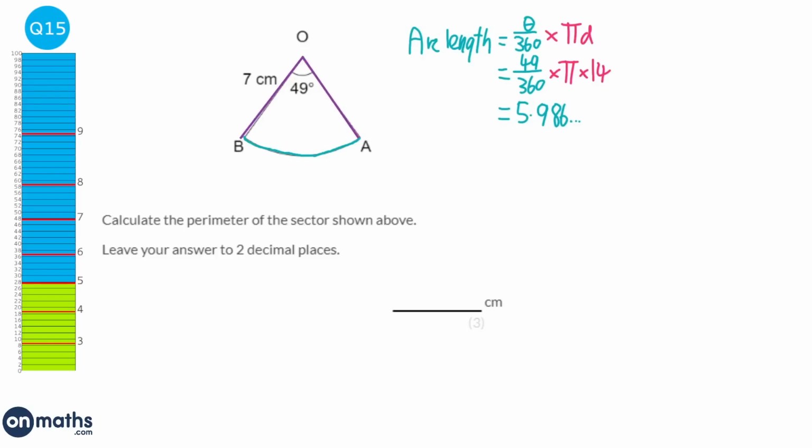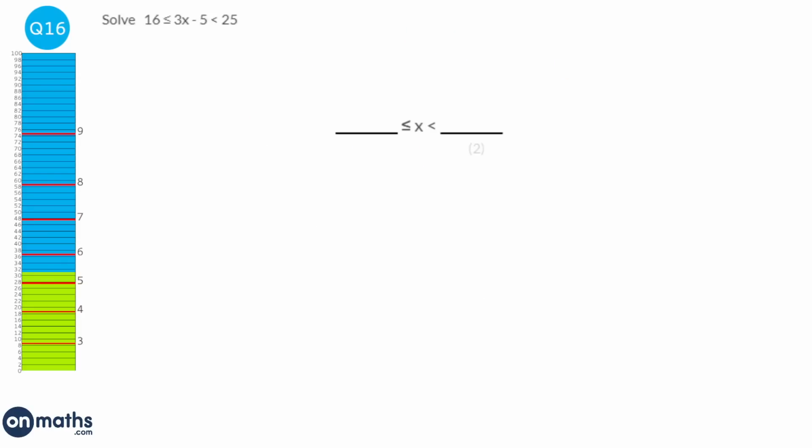So the perimeter will be the 5.986 plus a radius plus another radius. And when we do that, we get 19.986, blah, blah, blah. And we want to round it to 2 decimal places, so that will be 19.99 centimetres. So I'm just going to write this out again, just so we've got a bit more space.